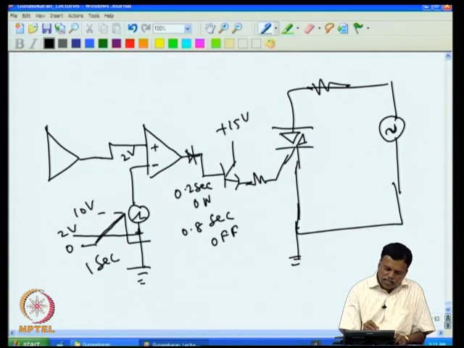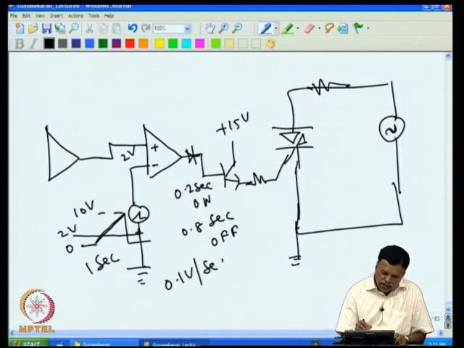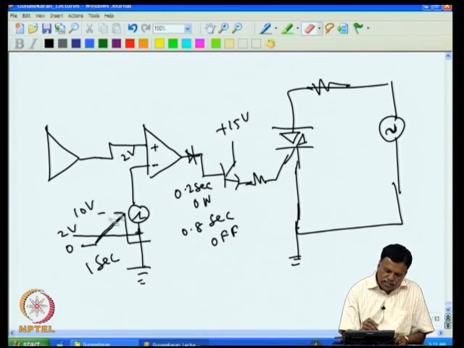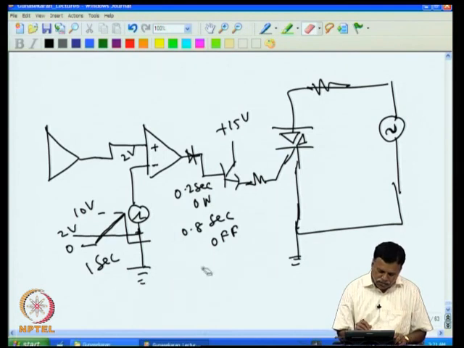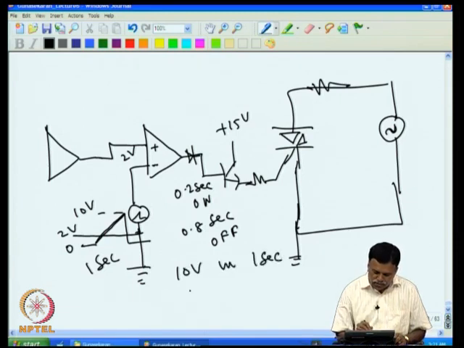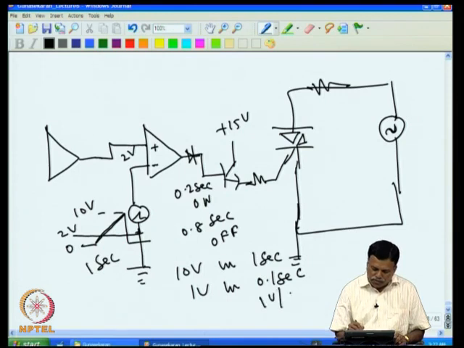So to reach 10 volt it takes 1 second, so it goes 10 volt per second. Sorry, it reaches 1 volt in 0.1 second.